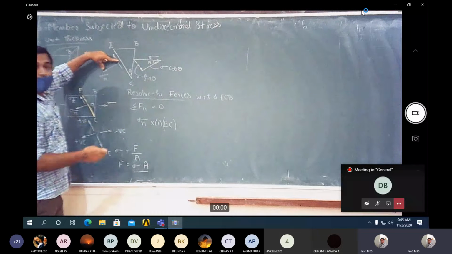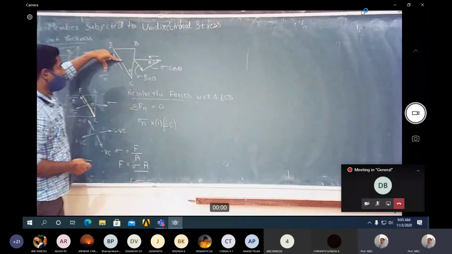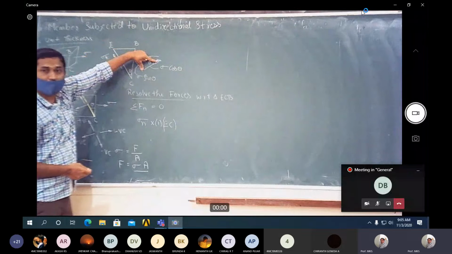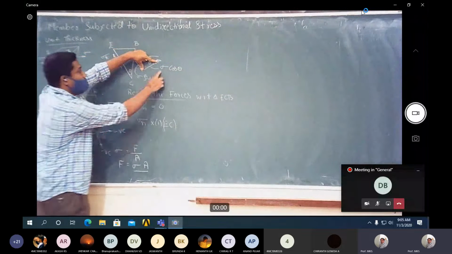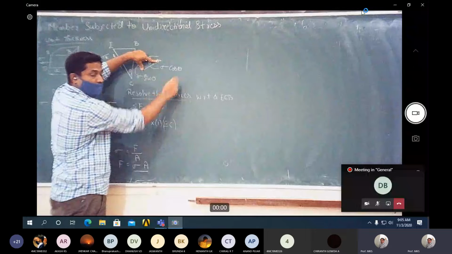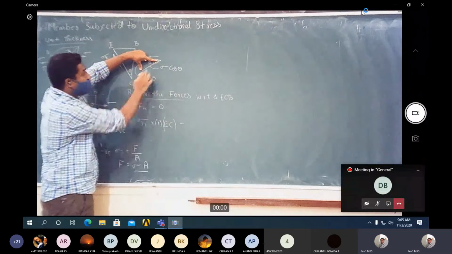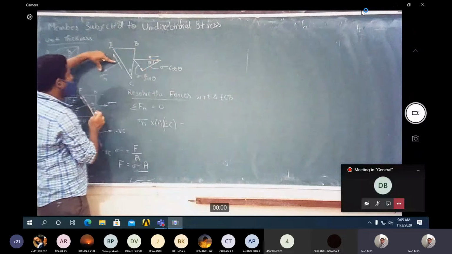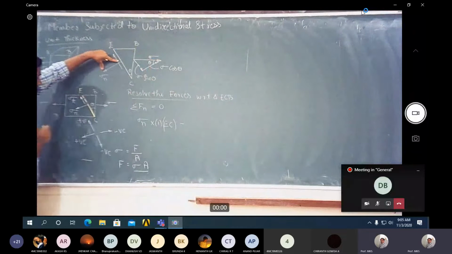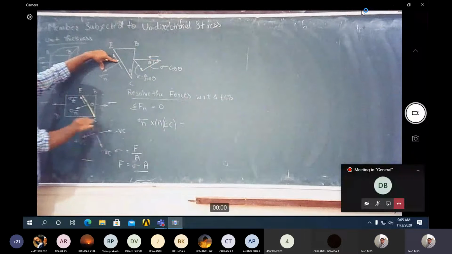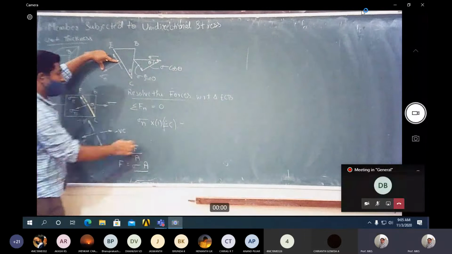There is one more. Whatever force is parallel to this force is the normal force. So this is the parallel component, sigma into cos theta is the force. It is minus. Why is it minus? This direction is opposite to sigma n, so I am taking negative.